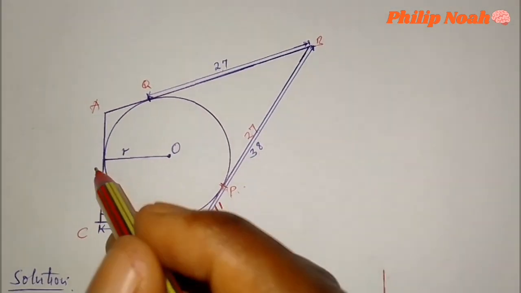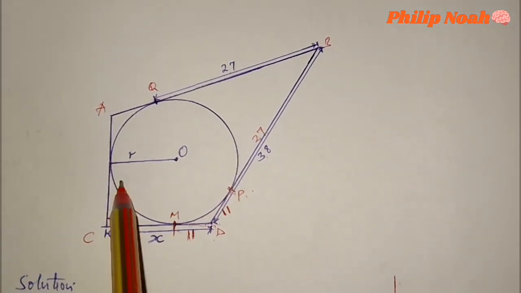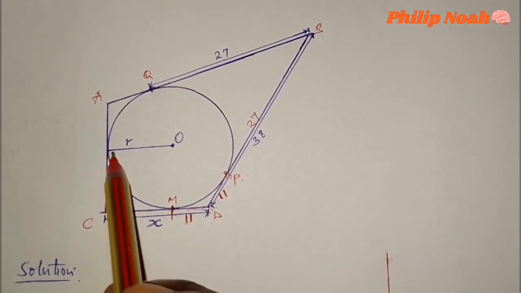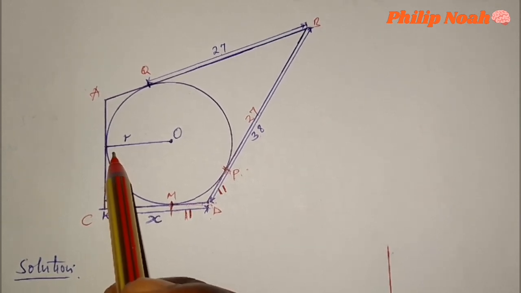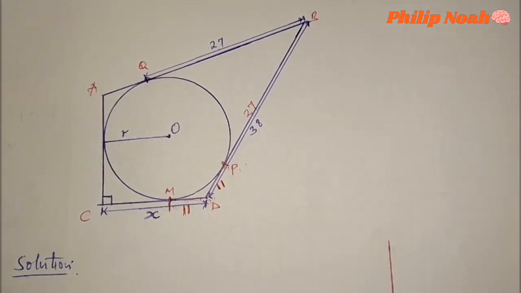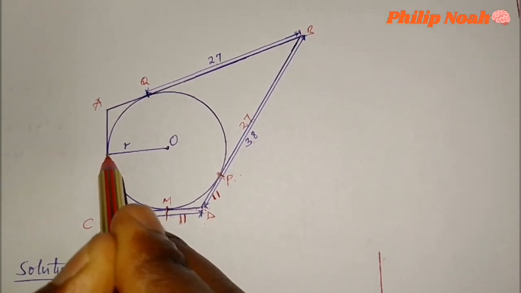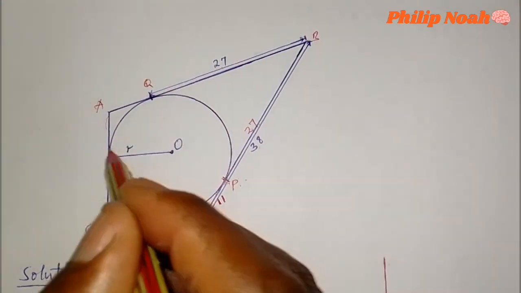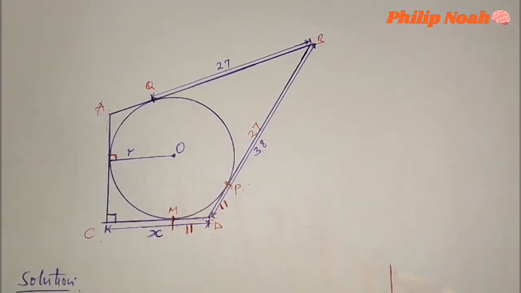After that, we'll have to remember that a tangent is perpendicular to the radius of a circle drawn to the point of contact. The length from this point to this point is the radius, and this line AC is the tangent, meaning that this line AC meets the radius at right angles.